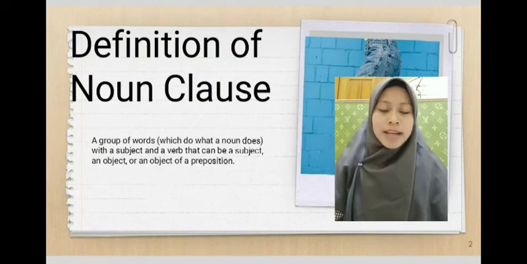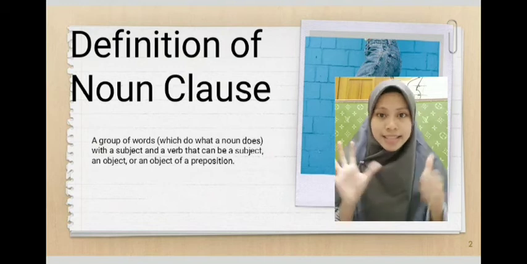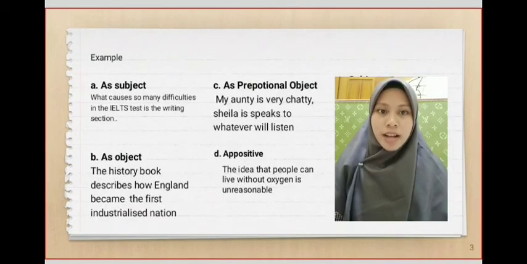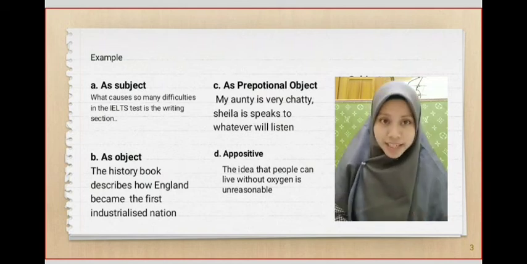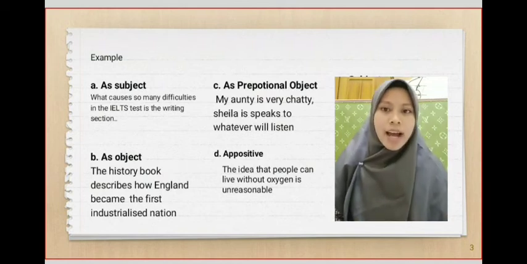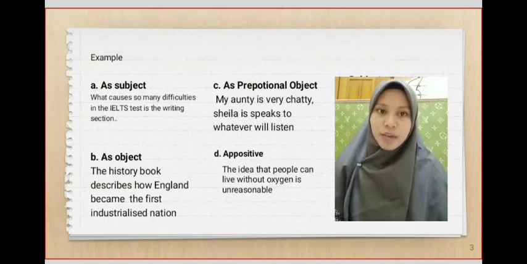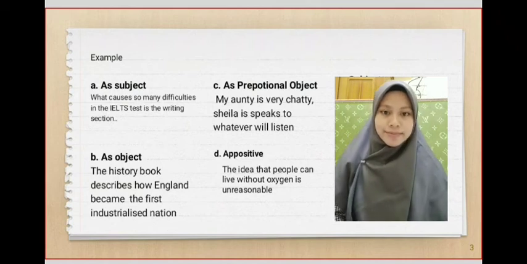It can be a subject, an object, or an object of a preposition. There are six ways of forming a noun clause in complex sentence: as subject, as object, as prepositional object, as appositive, as subject complement, and as object complement.